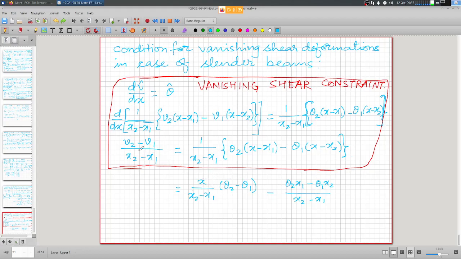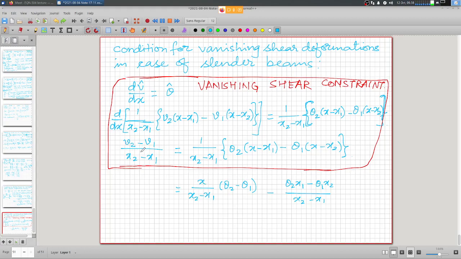Obviously a constant term on the left hand side cannot be equal to a linear polynomial on the right hand side. So if this vanishing shear constraint condition has to hold, then this coefficient should vanish. The linear term should vanish.